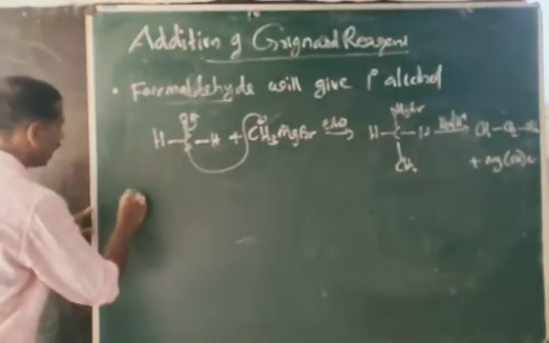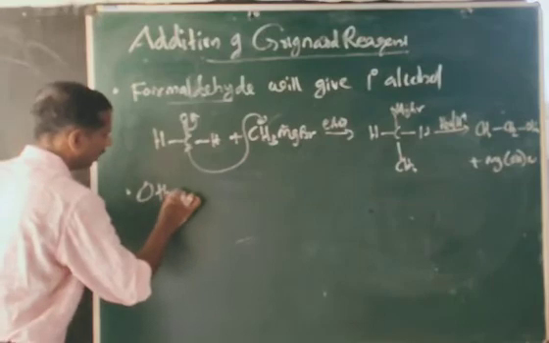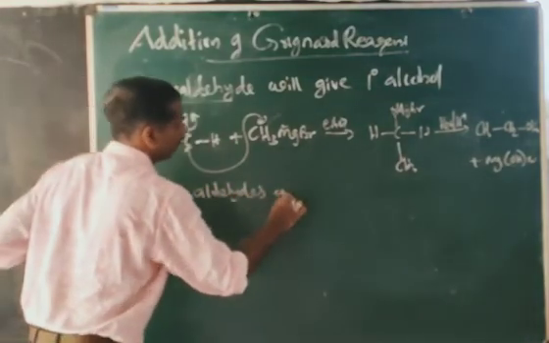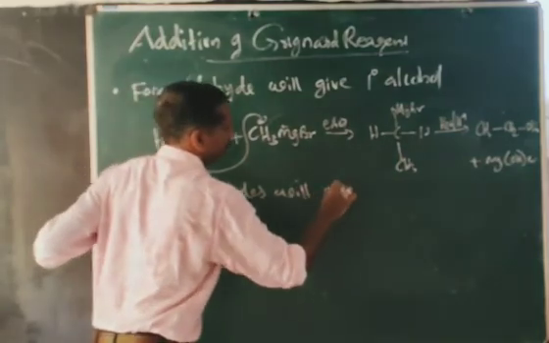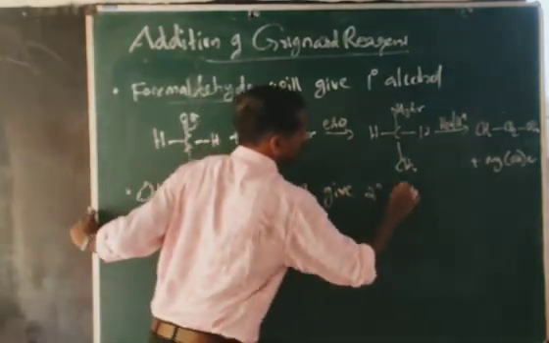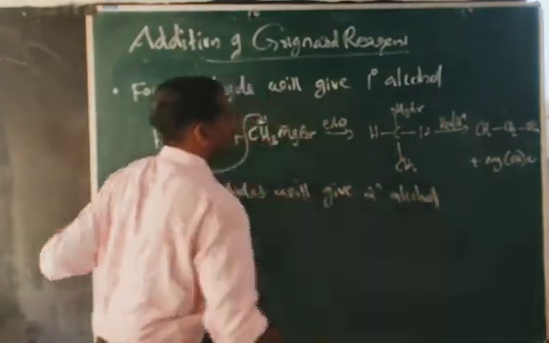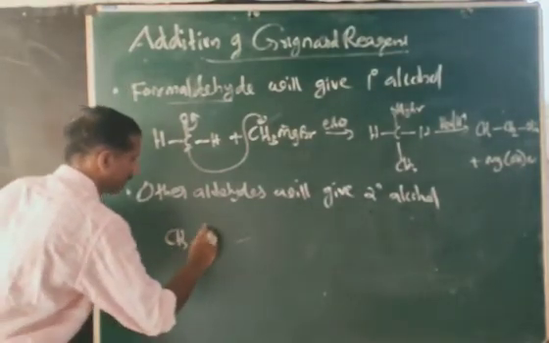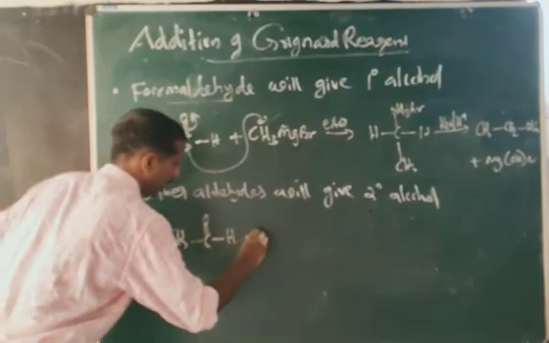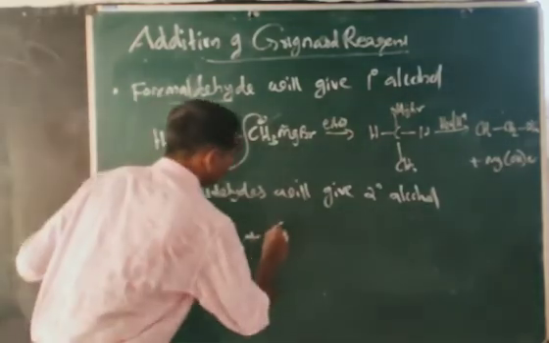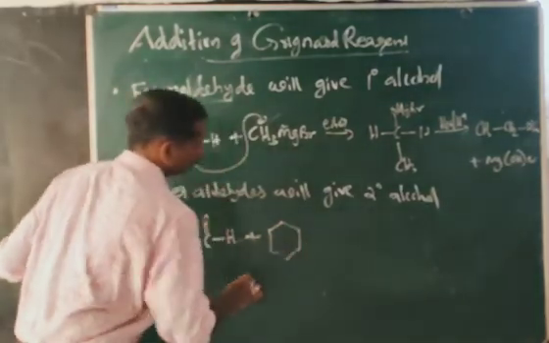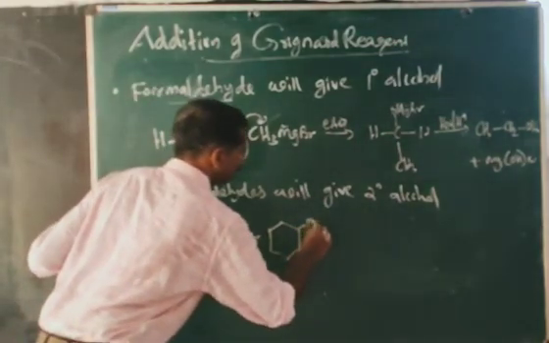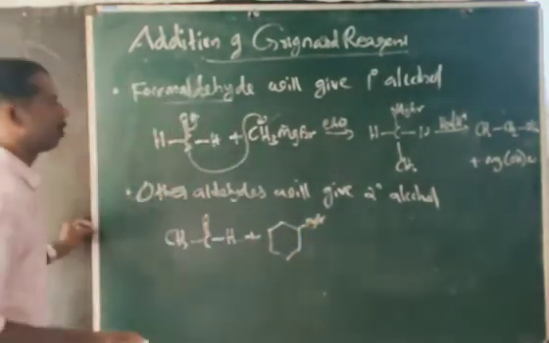What is the next one? Other aldehydes will give secondary alcohol. For example, other aldehyde means we take acetaldehyde, CH3CHO, plus I am taking a Grignard reagent, cyclohexyl magnesium bromide.